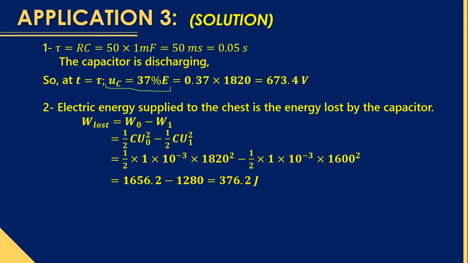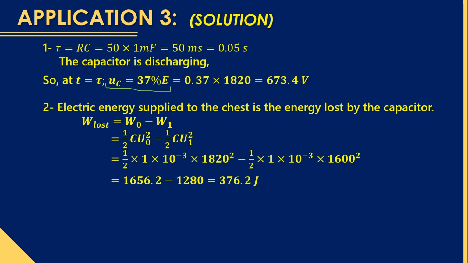U0 is the starting voltage, U1 is the voltage that we have reached, which is given to be 1600. Simple mathematics, and please go over the calculations because there might be a mistake. The answer is 376.2 joules. In reality, if you go and research that a bit, the heart needs around 360 joules to jumpstart. So 376 is a reasonable answer.